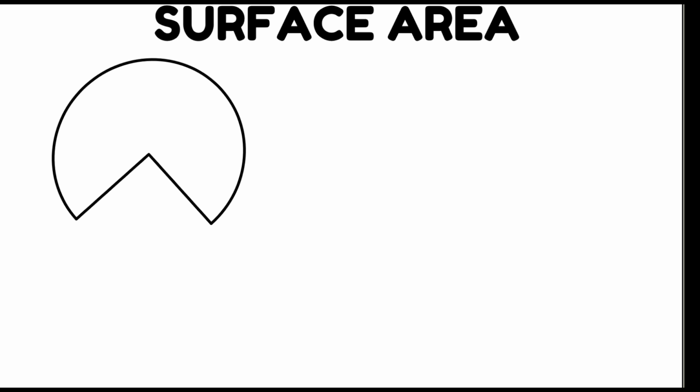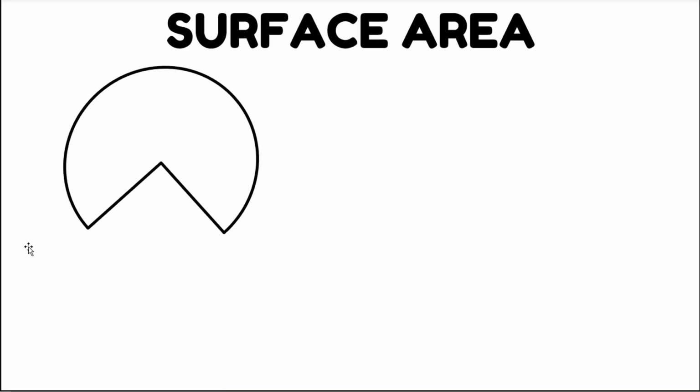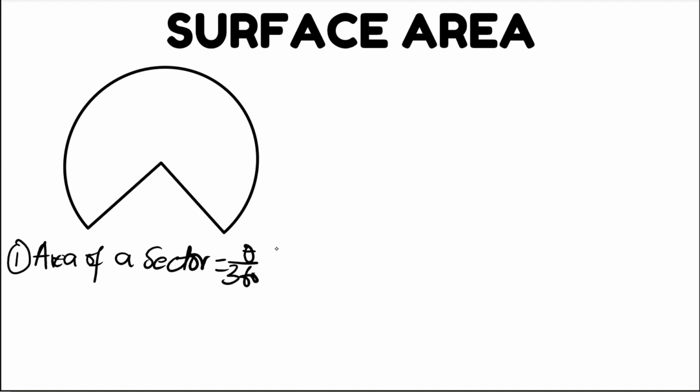Let's derive the formula of this curved surface. For this, we'll be needing three formulae. The first is the area of a sector, and that will be theta over 360 times pi L square.